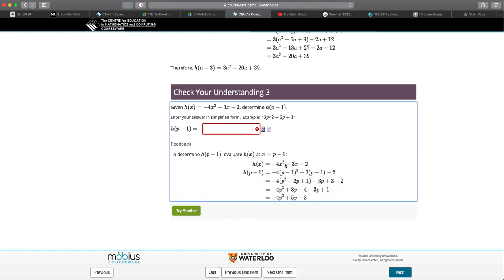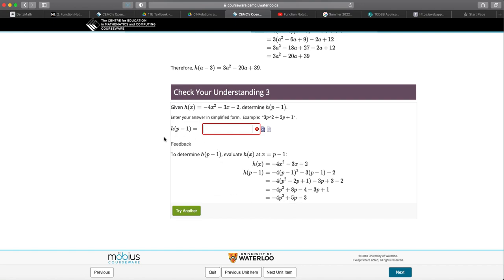I would try this on a piece of paper. You substitute p minus 1 for x, expand, simplify, and you end up with a simplified version for h of p minus 1.